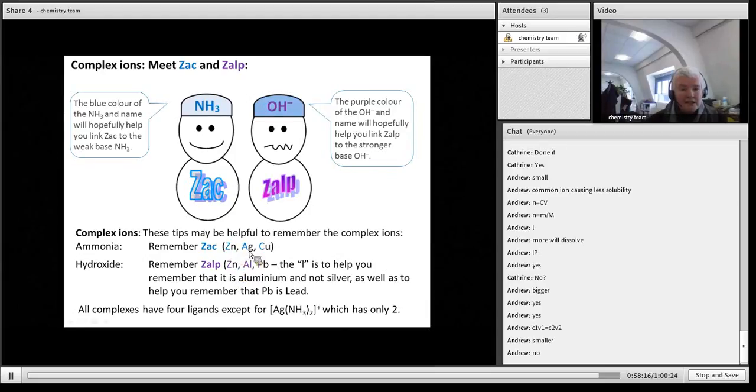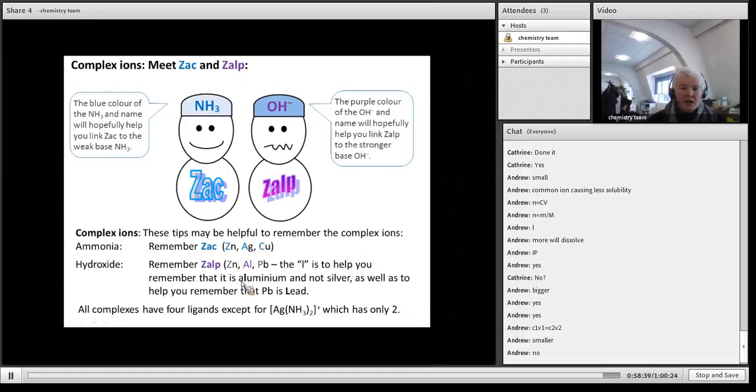Not silver, so that's why I put an L in there, the Zelp, for the aluminium, okay? And the L is also to remember the lead, because if you think of PB, you might not think of lead. So if you think of Zelp, that L stands for the aluminium part as well as for the lead, and the P is helping you to remember it's a lead.